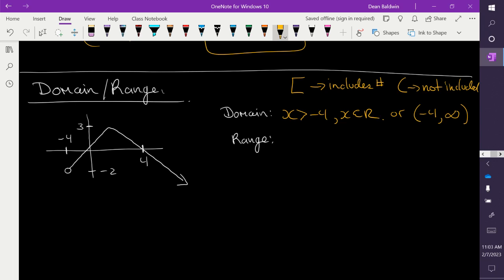What is the range of this graph? So, no, you're giving me interval. Okay, so the highest point is going to be 3, and then it just goes down, right? So the old school way is y is less than, can it be 3? Yes, or equal to 3. And then you'd say Y ∈ R. Do you know what the ∈ means?